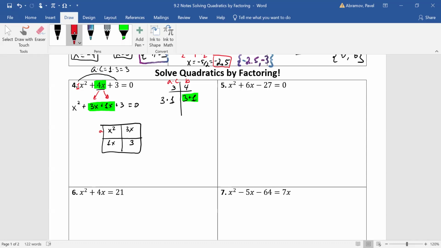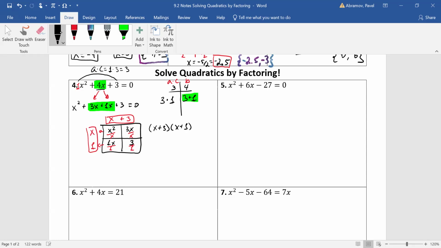So in the first group, the common factor is x, so we divide everything by x, and we will end up with x plus 3. In the second group, the common factor is 1, and if we divide everything by 1, we're just double checking ourselves. So 1x divided by 1 is x, and 3 divided by 1 is 3. So everything is correct. So these are our factors. So we end up with x plus 3 times x plus 1.